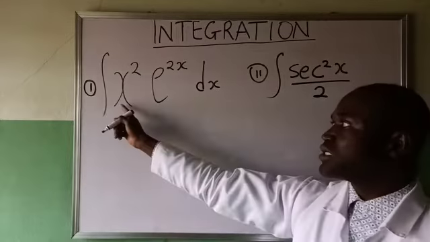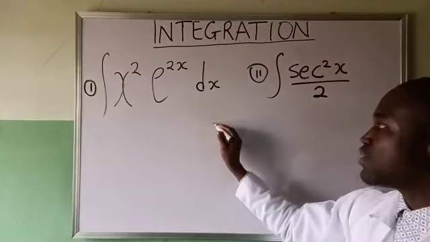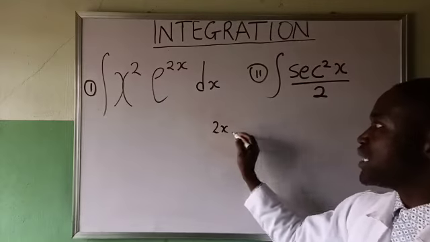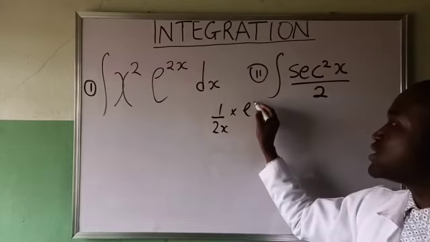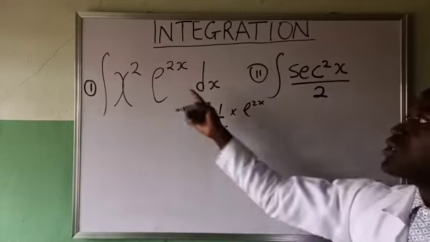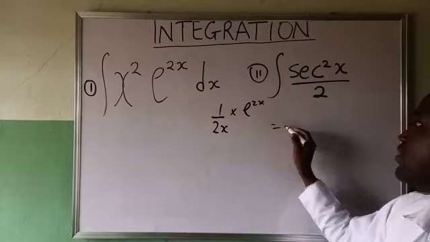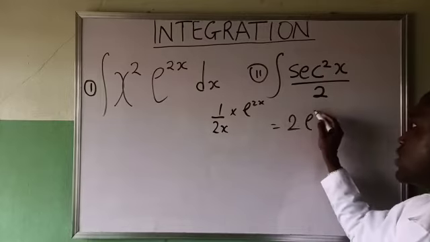Take for instance, differentiate this, you will have 2x. Invert it, you have this. Can it cancel exponential 2x? You say no. Differentiate this, you will have 2 exponential 2x.